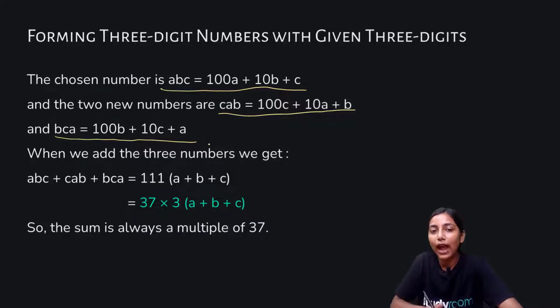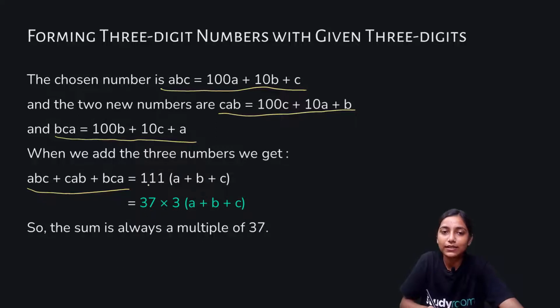Now what happens when we add these three numbers? We're going to add ABC plus CAB plus BCA. When you solve this, it will give us 111 into (A plus B plus C). Now this 111 can be further written as 37 into 3 into (A plus B plus C).